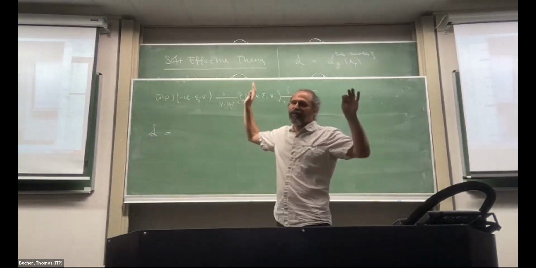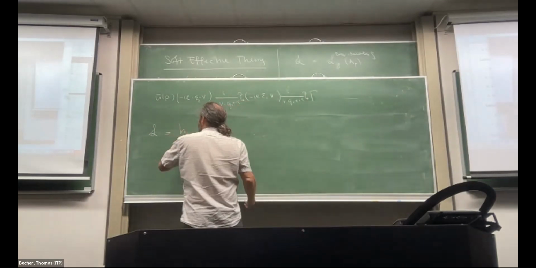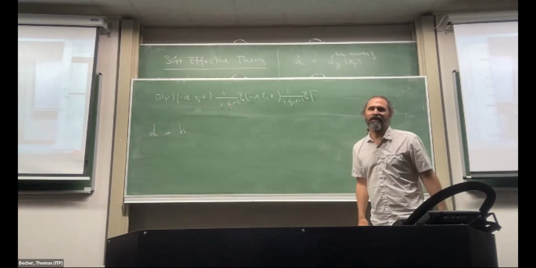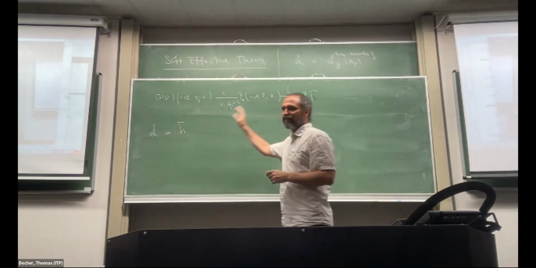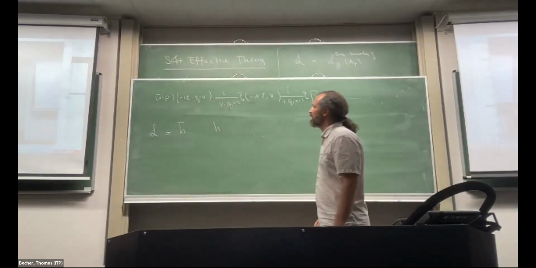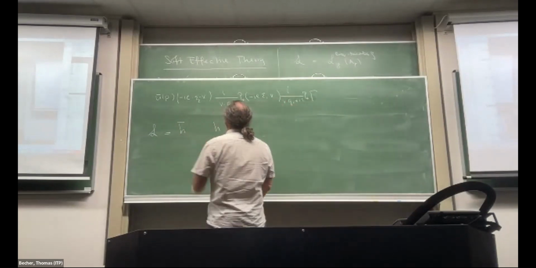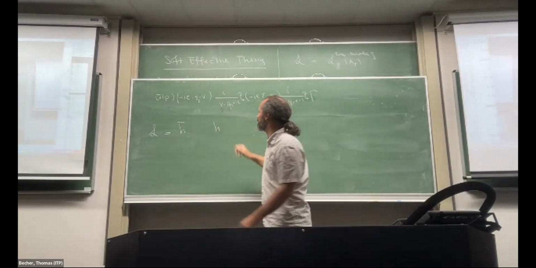I'll introduce some random field which I pull out of my bag. So yeah, some field somewhere, let's call it H. It's a fermion field. This is still a fermion. So it should be H bar H. Now usually you would have i D slash, but then you get 1 over p slash, which I don't want. I want v dot q.